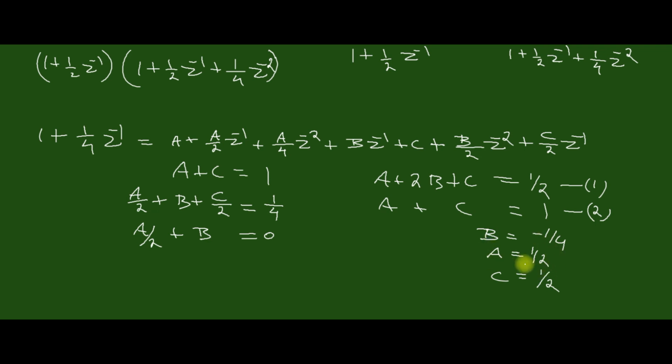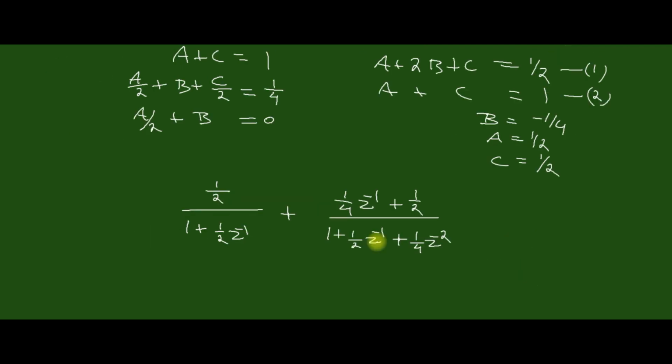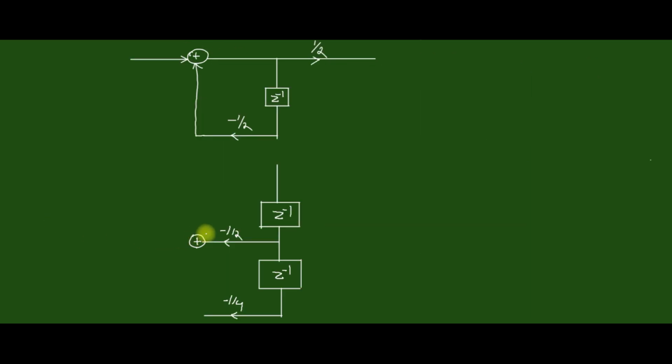So these are the constants. Once we substitute the constants, we get the partial fraction expansion. Now we can realize this structure. We have the two delays, then the coefficients minus half, minus 1 by 4.